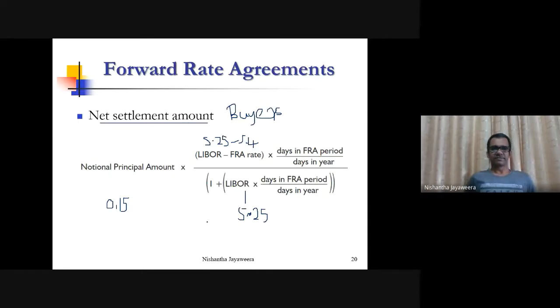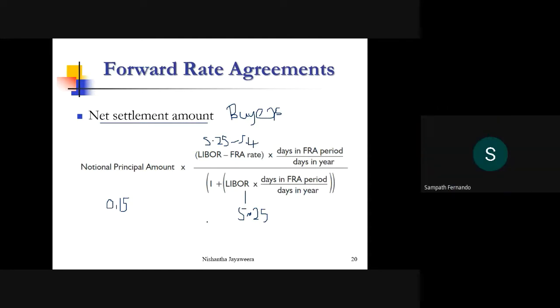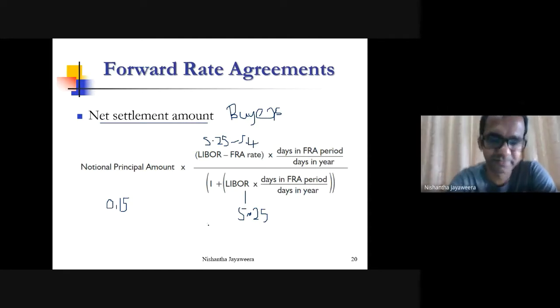What do you expect? Higher amount or lower amount than that? Higher amount. Why? The denominator is less than 5.5. Yes.